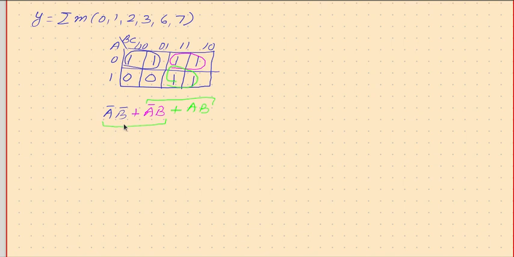Okay, then we can continue as we did in our previous case. This is used two times, so let me write it two times. And then from this a bar is common, b is eliminated. From this b is common, a is eliminated, and that's going to be our answer.